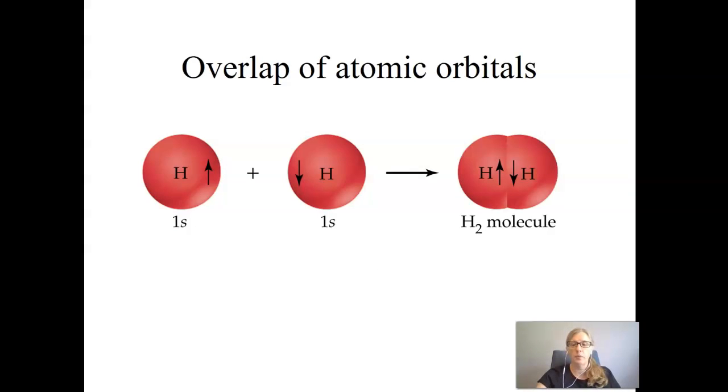So here's an example of what I mean by the overlap of atomic orbitals to make a covalent bond.